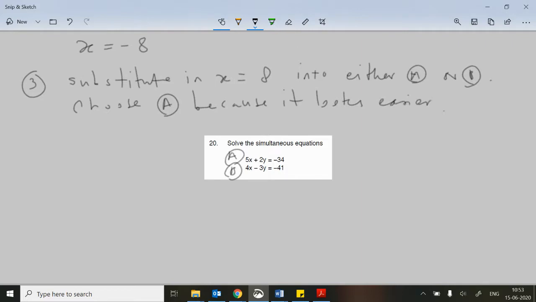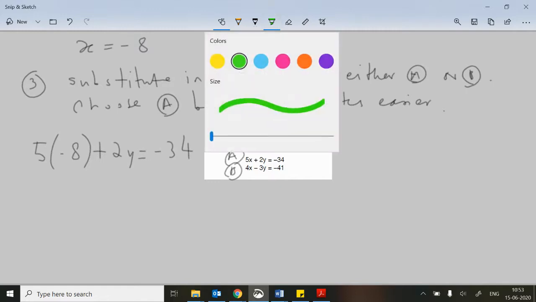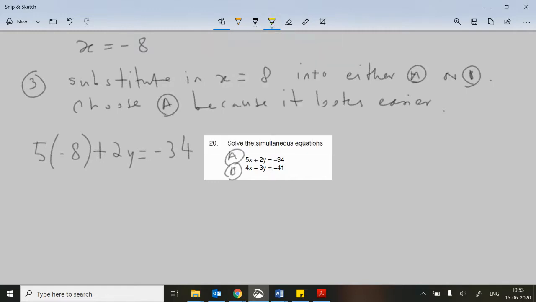Okay, so I'm going to do that now. So we're going to put in 5 times -8 plus 2y is -34. So all we've done there is put in -8 wherever we've seen the x in there. So we put that in there and we've ended up with this thing here.